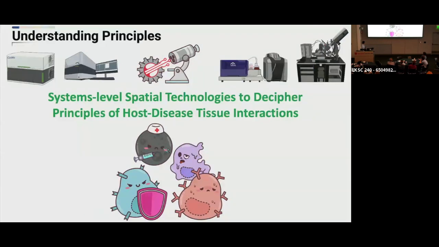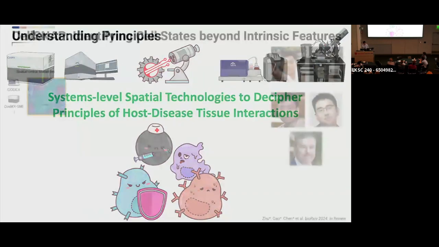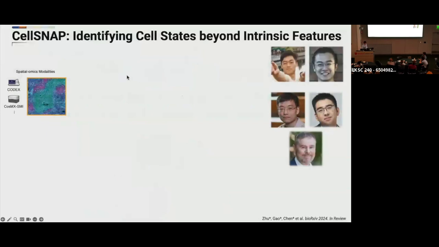Again, this is really where I hope to be, and we're slowly taking steps in the lab to get there. I realized that the pointer would be helpful here. So one of the things that we recently were thinking about is that most of the tools for studying spatial were developed on top of dissociated single cell analysis.